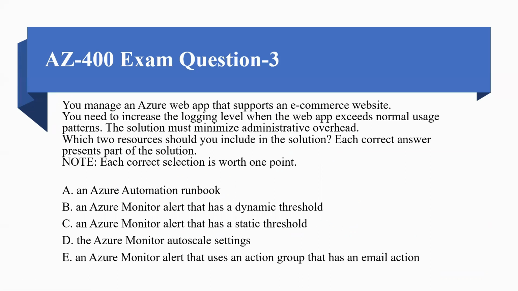Moving towards the next question, you manage an Azure web app that supports an e-commerce website. You need to increase the logging level when the web app exceeds normal usage pattern. The solution must minimize administrative overhead. Which two resources should you include in the solution?